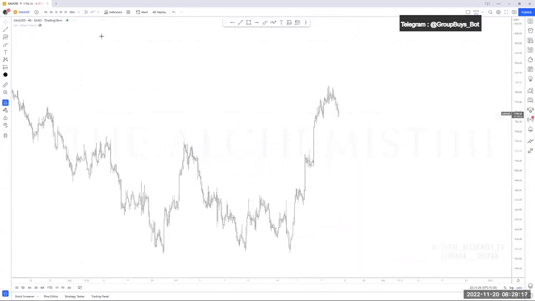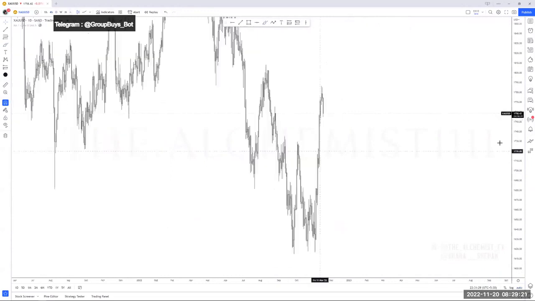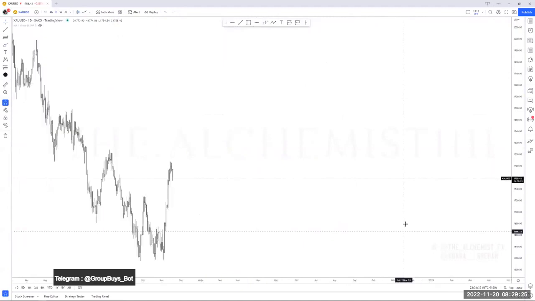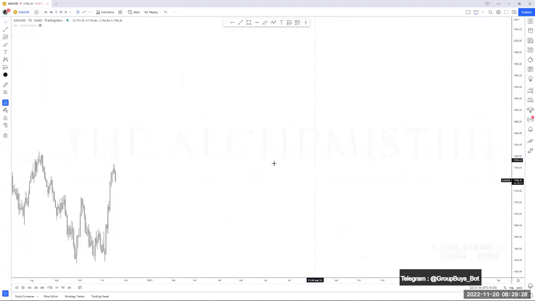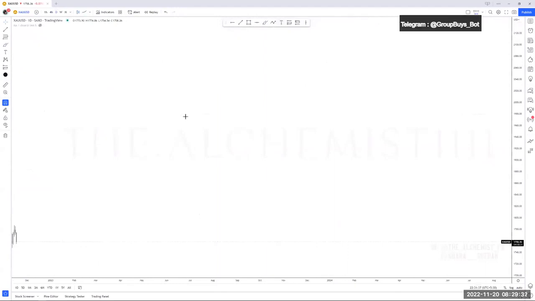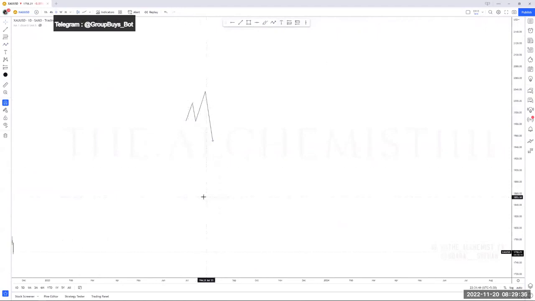Now I'll tell you what are the strong levels, the strong support and resistance levels. So let me delete this. Now for me, this is something that I backtested and understood. He did not teach me something like this. For me, this is a strong resistance if it has done this: a stop hunt and a breakout structure.